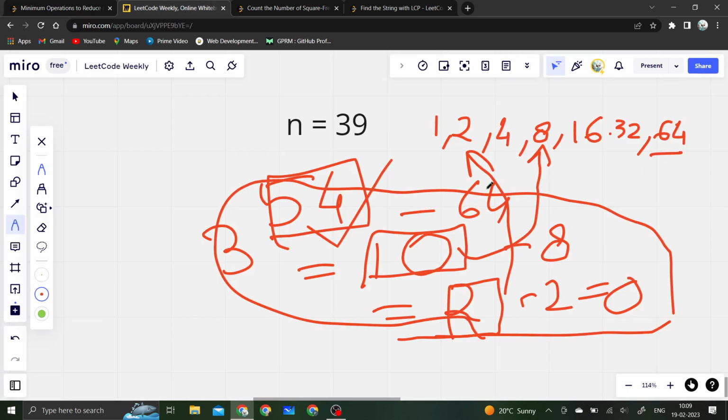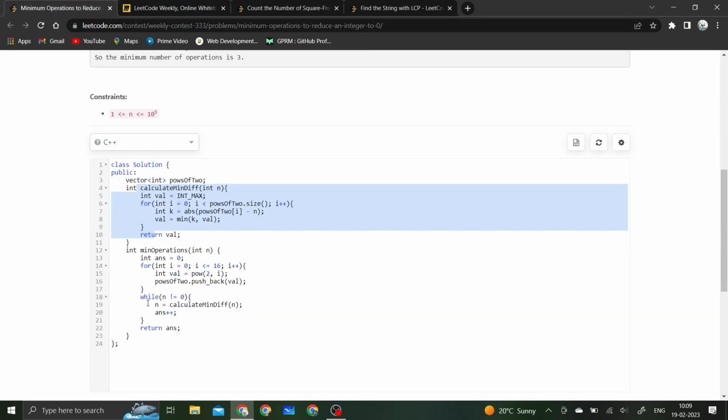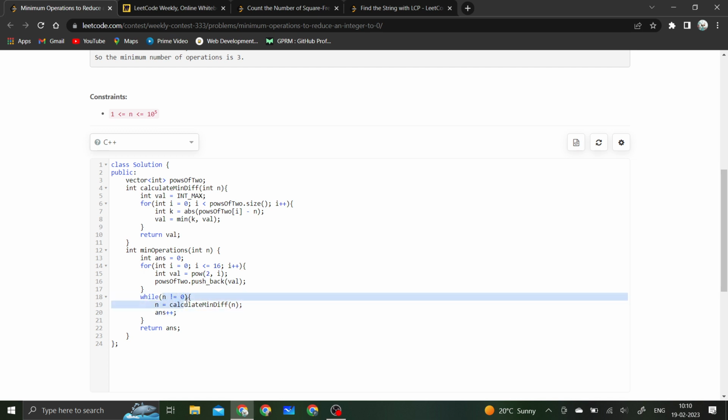We will get 10, 54 minus 64, that is 10, right? So our n will now become 10, and we will do it until n is not equal to 0, and simply we will calculate how many times we had to call this calculate minimum difference function. That will be our answer. So that is how you have to solve this question.